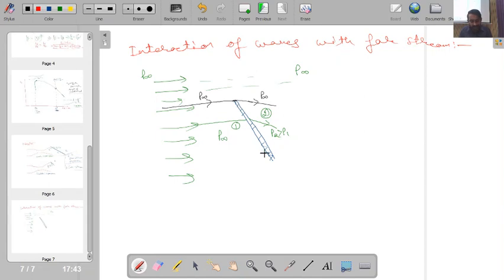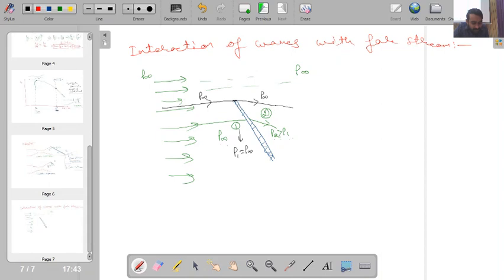So I have an incident shock wave where before the shock wave the pressure is P infinity. So my P1 over here is equal to P infinity only. But when this shock wave comes, I will find some pressure P2, which is greater than P1.